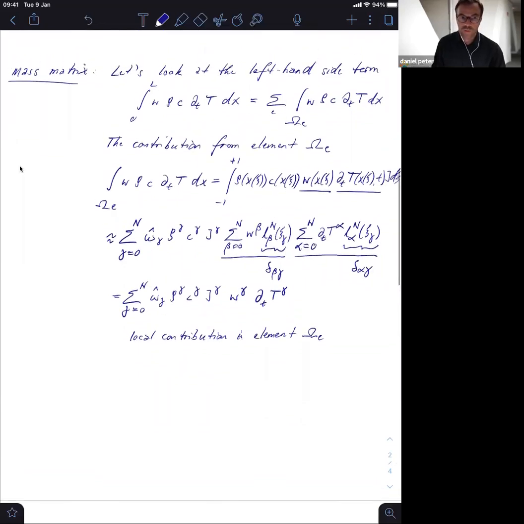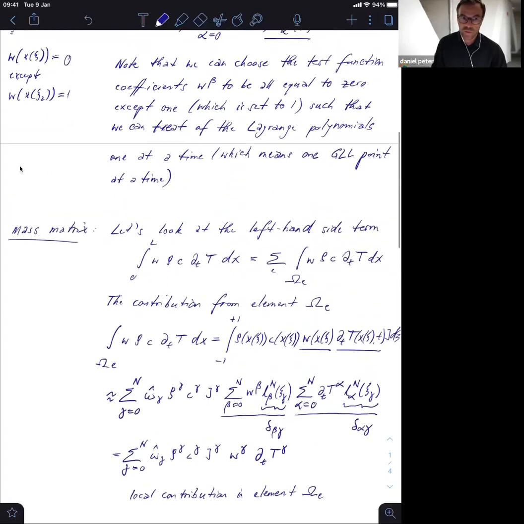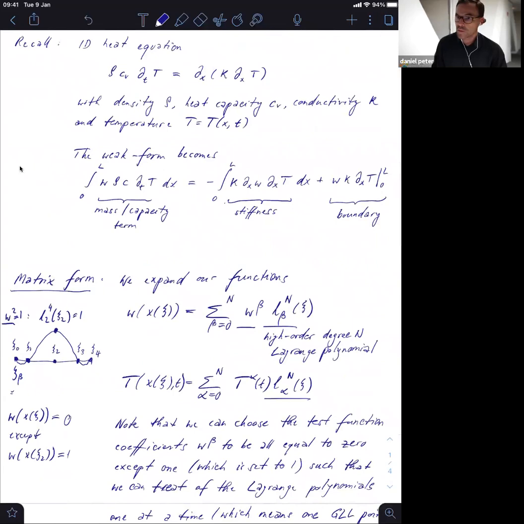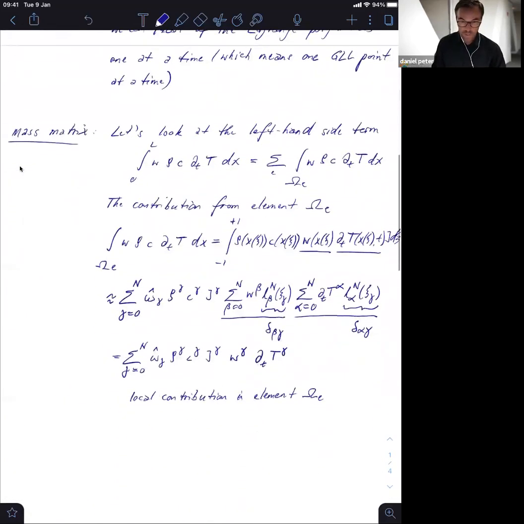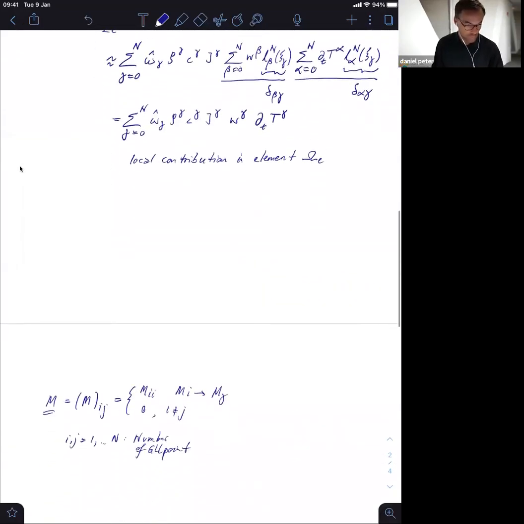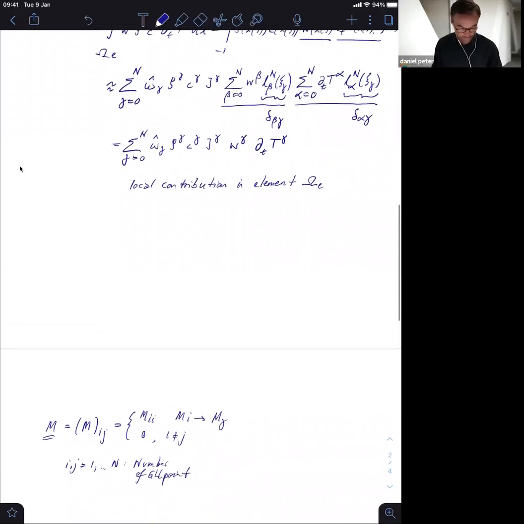So what we do now is basically do the same thing for the stiffness matrix. Let's look at the next term, the stiffness term. For this one, let's just make it very short.